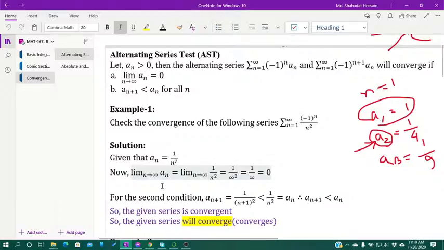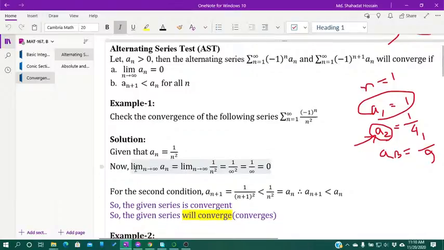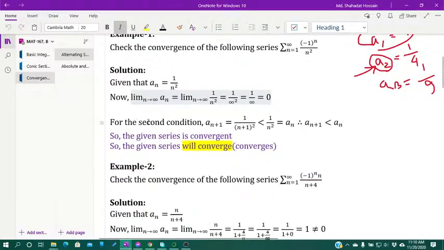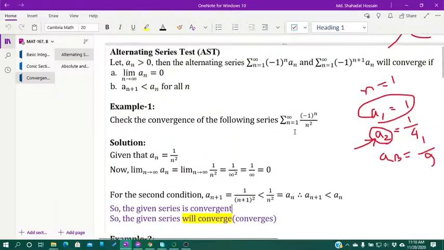Now we should check whether the series is decreasing or not. If I write a subscript n plus 1, it should be equal to 1 by n plus 1 whole square, that means less than 1 by n square. This should be clear from this example.